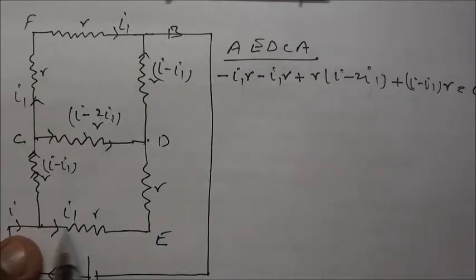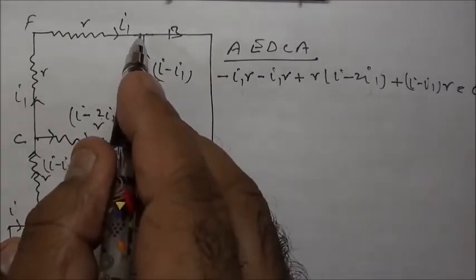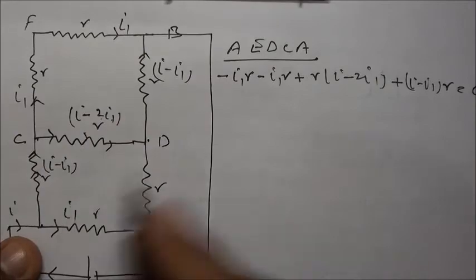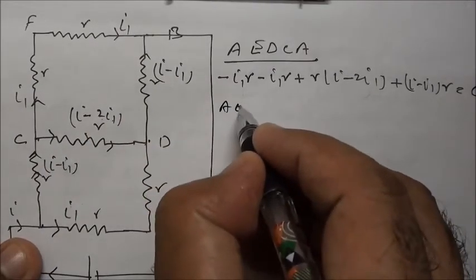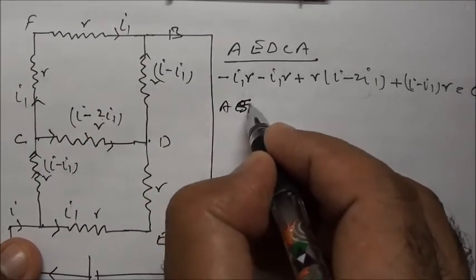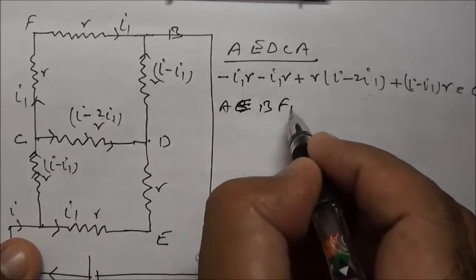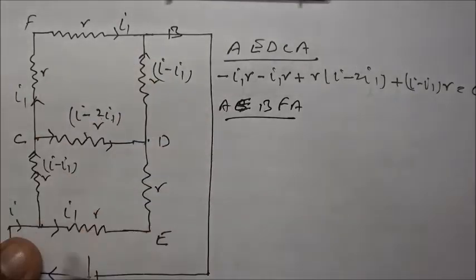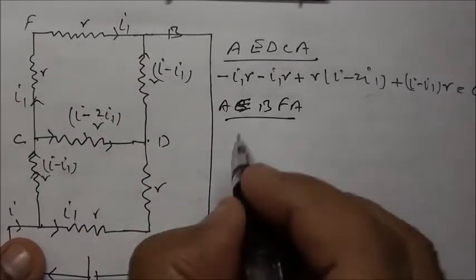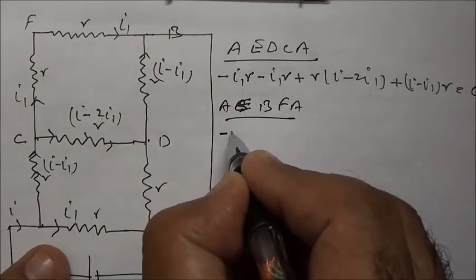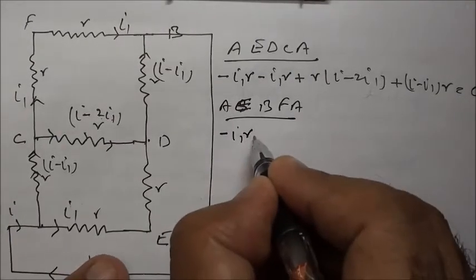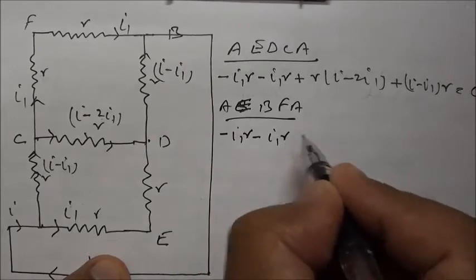Let it be A, E, B, F, A. This one, outer one. So it will be minus I1R minus I1R.